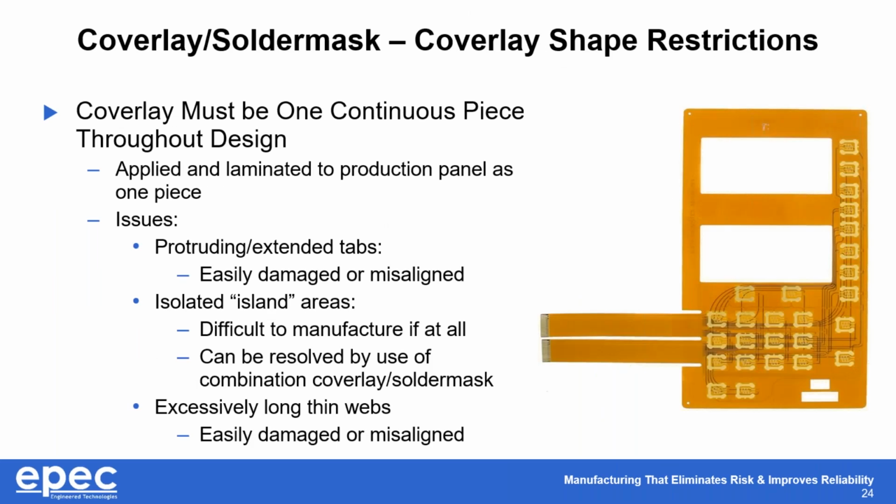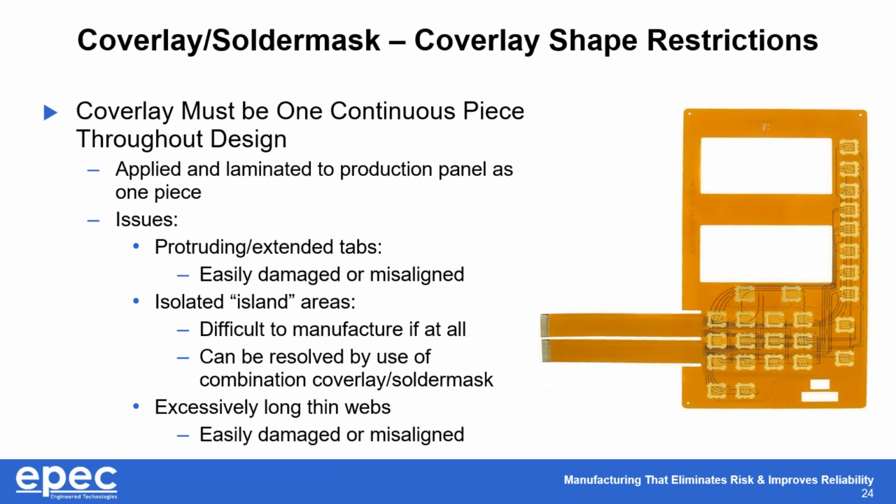Another common thing we see with Coverlay: Coverlay has to be one continuous piece throughout the design, because, as I said earlier, it's a sheet being applied to the design and laminated to the panel. Issues we run into with that end up being extended tabs, where the tab will extend further out past the body of the Coverlay and end up turning or getting damaged and laying across copper, peeling back and showing excessive copper, things of that nature.